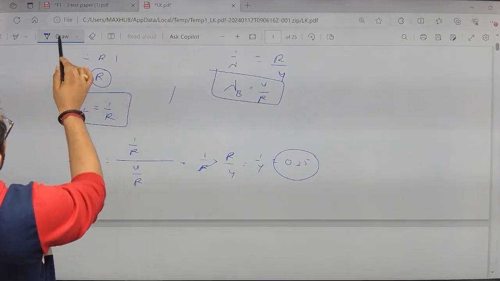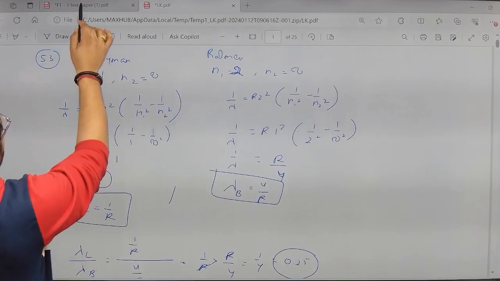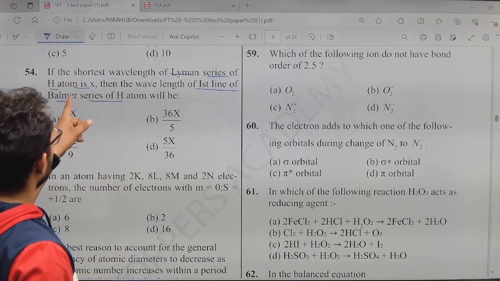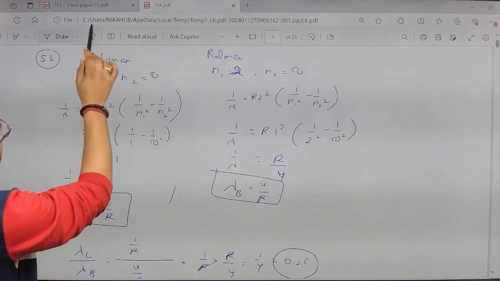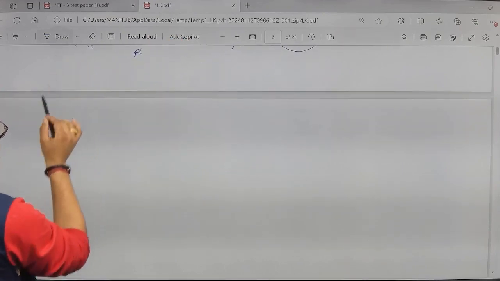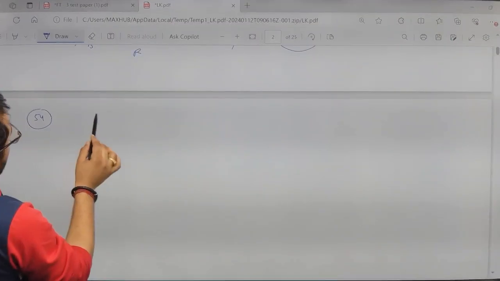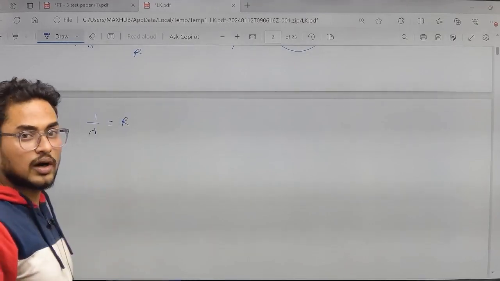We have seen that it was 1 upon lambda is equal to R. He is providing you 1 upon lambda is equal to R.